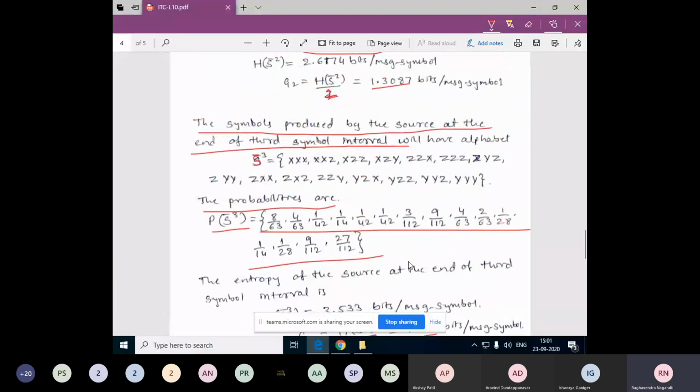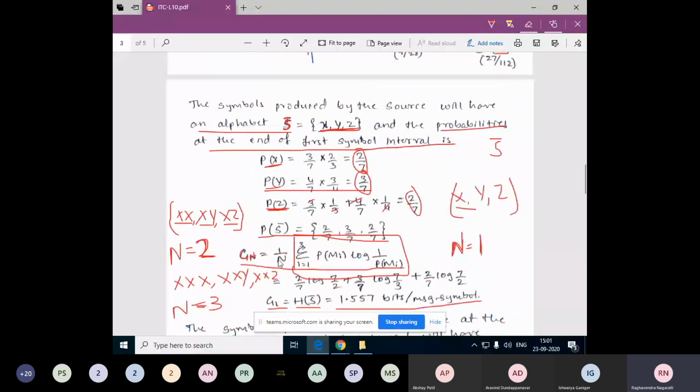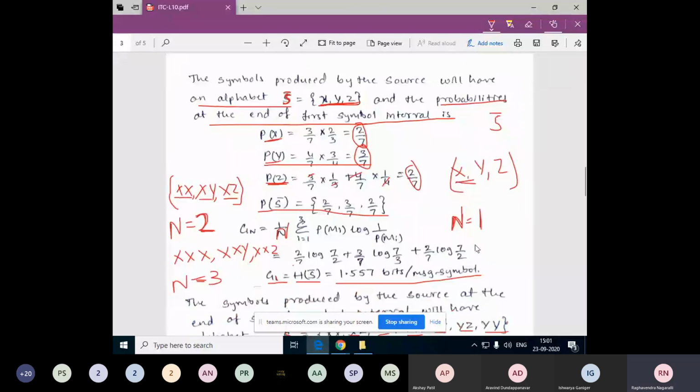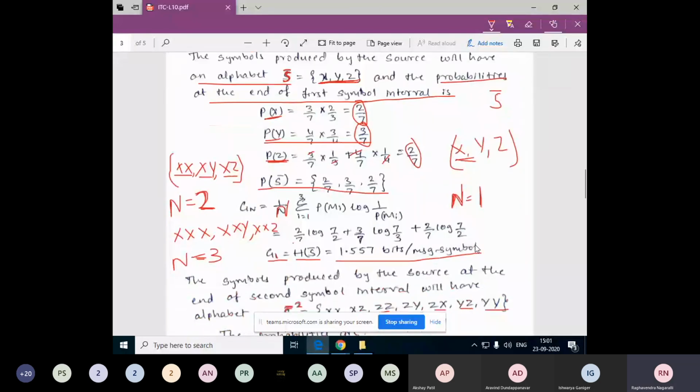And one thing you need to remember is this condition we got because of this equation, this Gn. So in the Gn we have n in the denominator. So this n represents what? Extension or the length of the message, length of the symbol emitted by the source. If the length is small, you will get the higher information content.